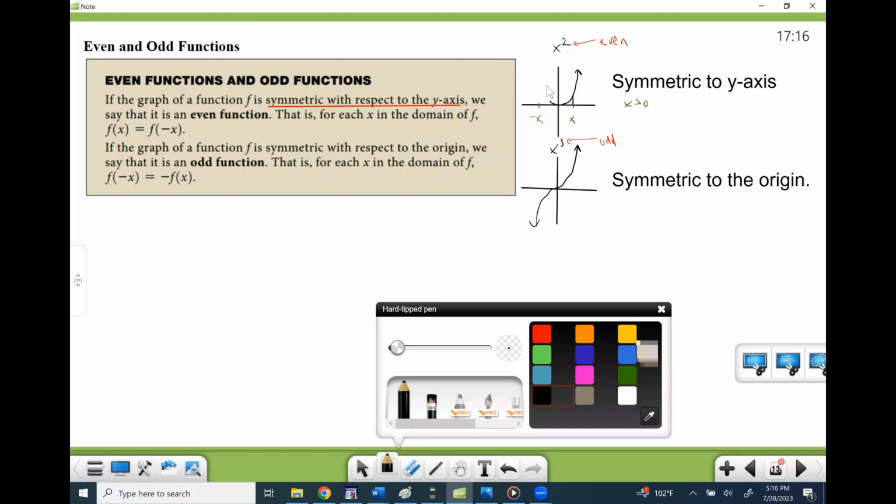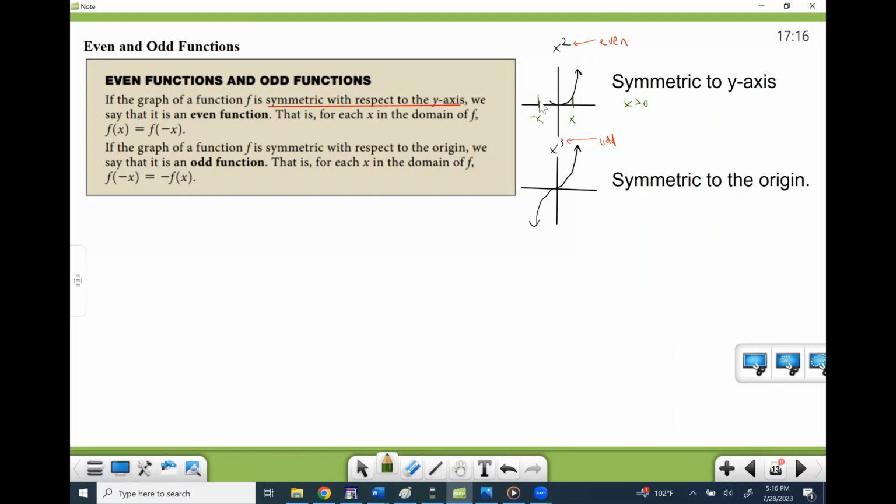Probably should have graphed it, huh? Oh, I know why it's not really lining up. My x needs to be more this way, and I need to fix the graph. Okay, so this distance here and this distance over here, they should be the same whether it's negative x or positive x.